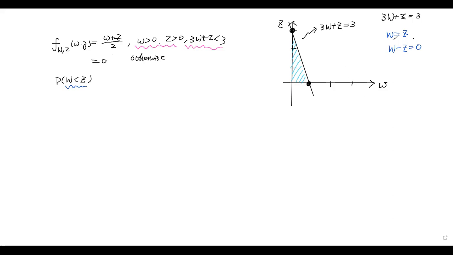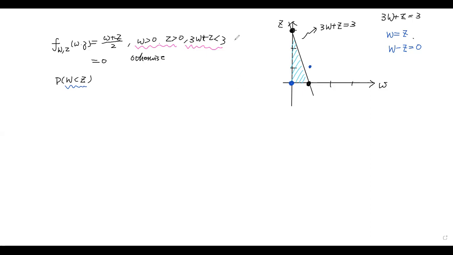When W equals 0, Z equals 0, so this is the point. When W equals 1, Z equals 1, so this is the point.